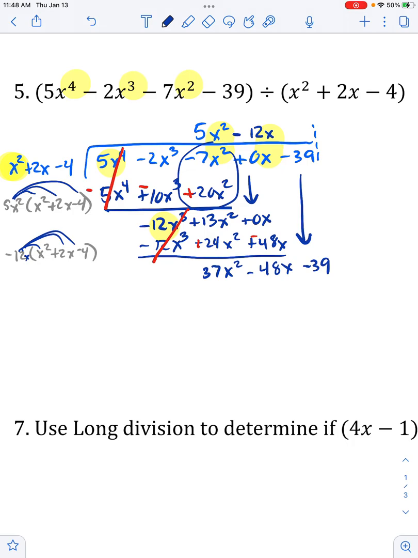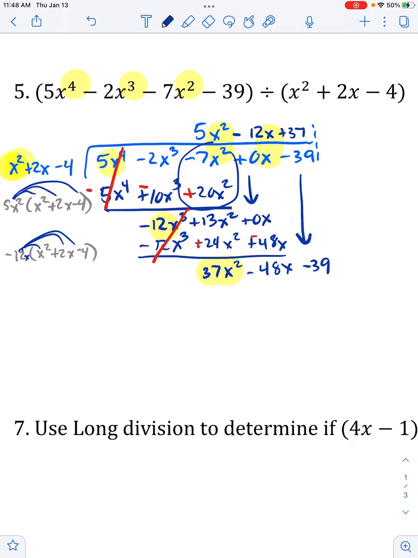Alrighty, so round 3. Look at your x squared and 37x squared. So what I need to multiply by to make them match is a positive 37. Now I'm at the end of the line, literally, so that means if I get anything after this round, it's residual, it's a remainder.